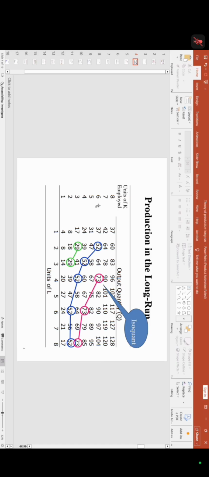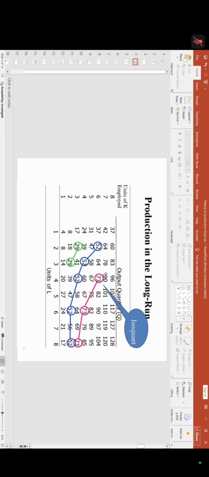But see, if the given level of output is 73, okay? If you are asked to produce 73 units, you can use different combinations to produce this particular output. So if you want to produce 73, you don't use 7 capital and 4 labor because it will produce 90.